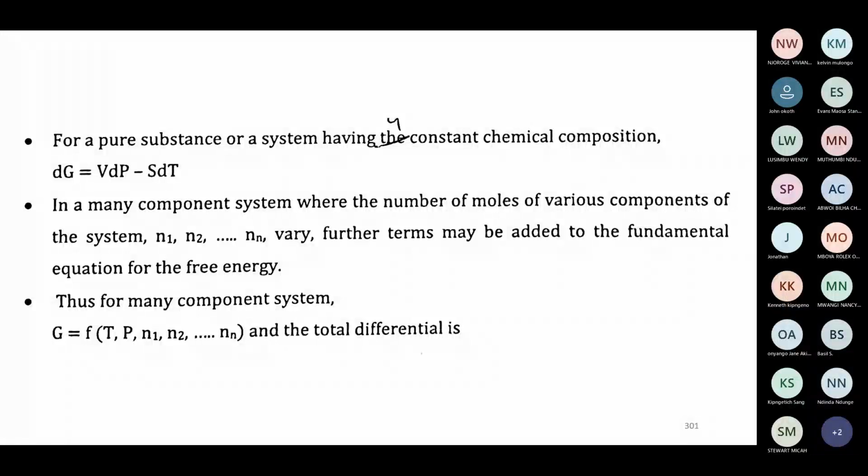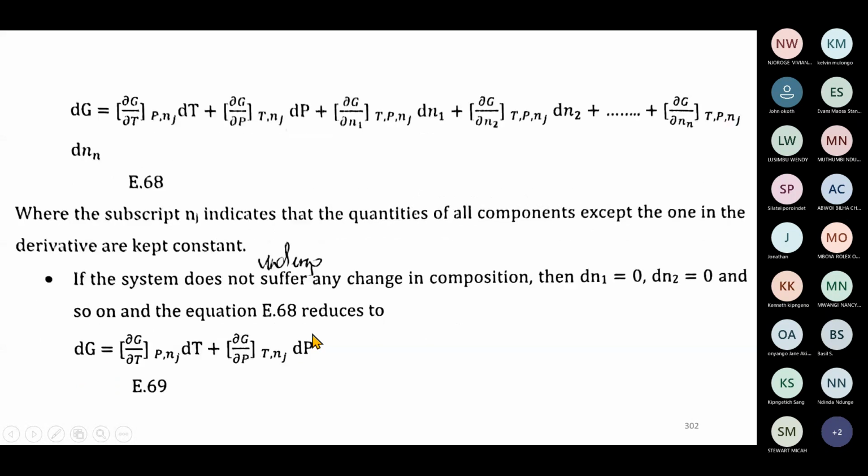So to do that, we consider G, that is Gibbs free energy, being a function of temperature, pressure, and also a function of the number of moles of the various components, 1, 2, all the way to n. For this Gibbs free energy as a function of all this, the differential is going to be given by this.